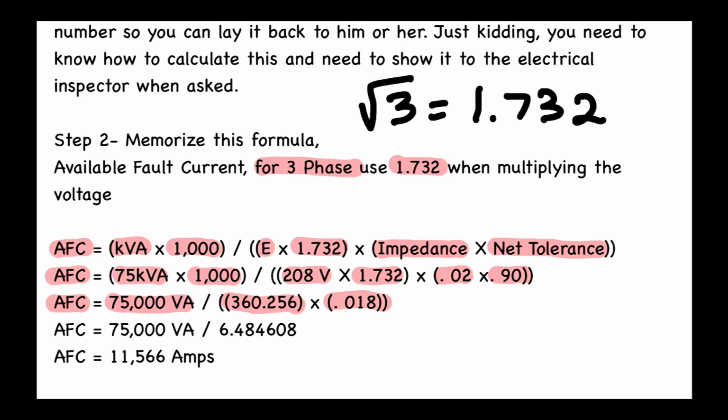So now let's carry this down to the next line. Available fault current, AFC, is equal to 75,000 VA divided by 6.484608. And when we do that calculation, available fault current is 11,566 amps.